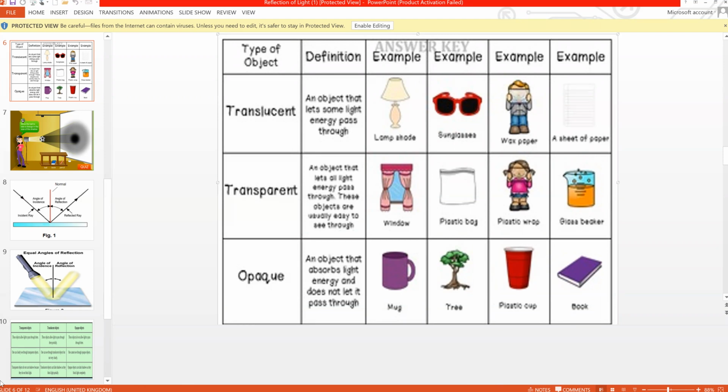So the size of the shadow will increase and decrease based upon the position of the fingers, whether they are placed nearer to the light source or far away from it. So what are those images called, children?